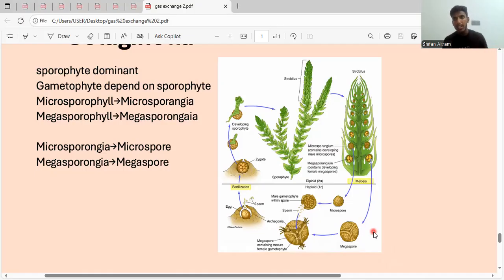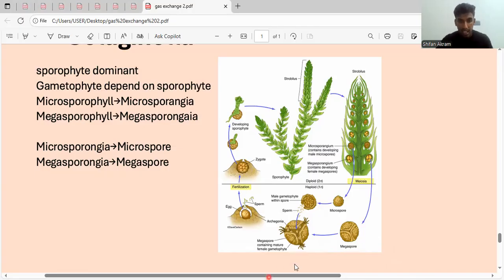So just like in the Pogonatum life cycle, the male gametophyte produces antheridia and the female gametophyte produces archegonia.